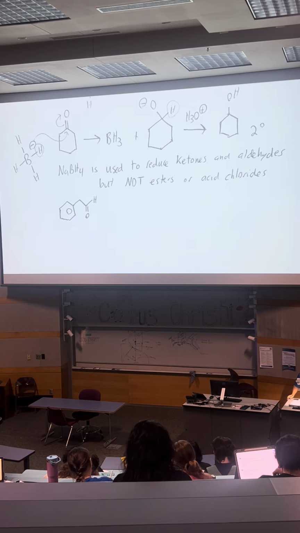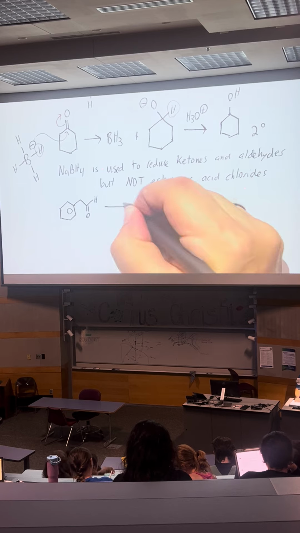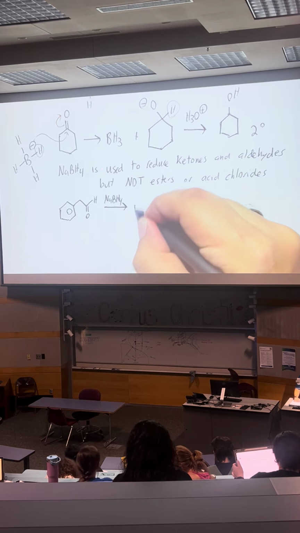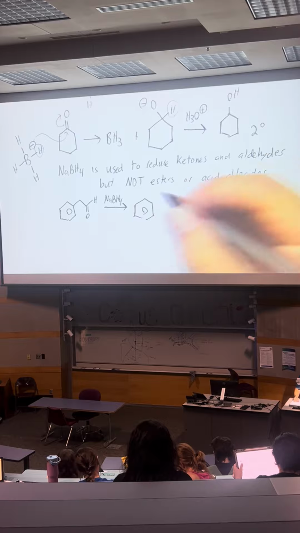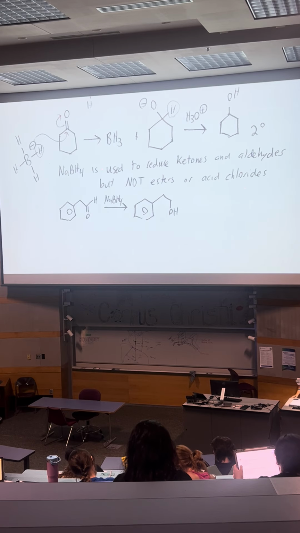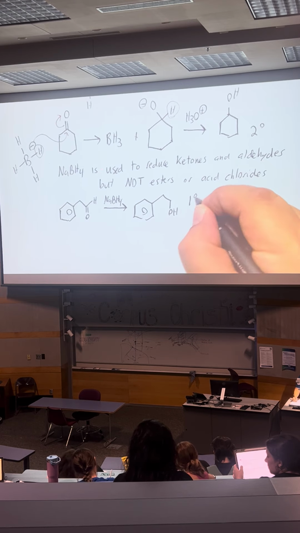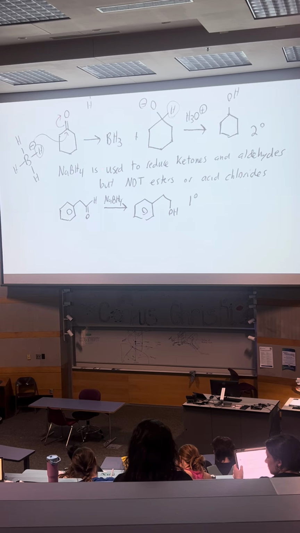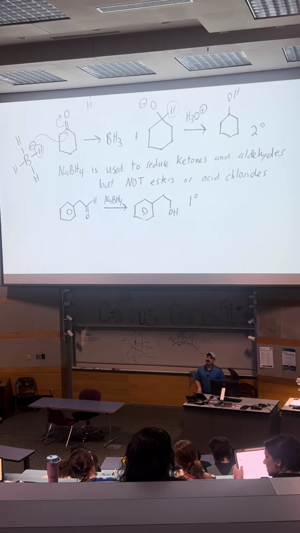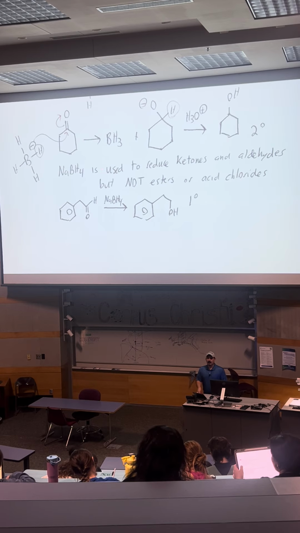All right, so here is an aldehyde. All we're going to do is NaBH4. And there it is. In this case, primary alcohol. And so just like we saw before with Grignard chemistry, if you do this chemistry on a ketone, you get a secondary alcohol.